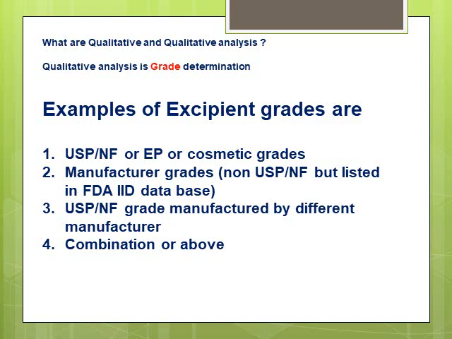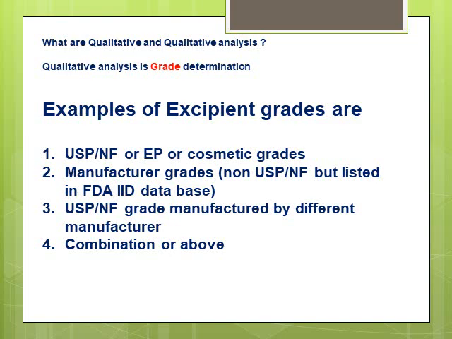The second one is the manufacturer grade. The excipient could even be non-USP, or maybe it is listed in the FDA IID database or not. But the manufacturer could offer the raw material under their own specification, saying we have 4 different types of this excipient, and they have different characteristics.